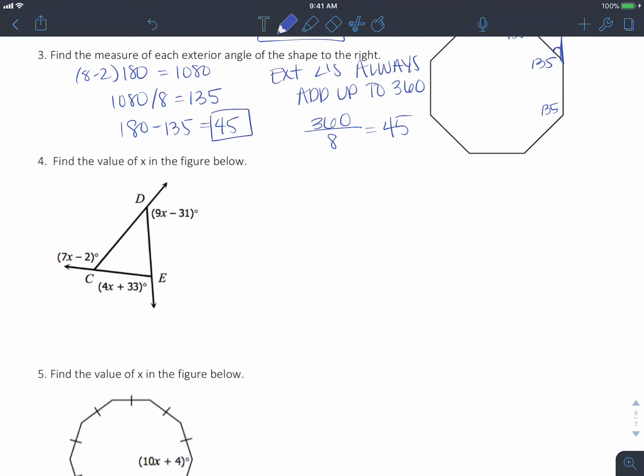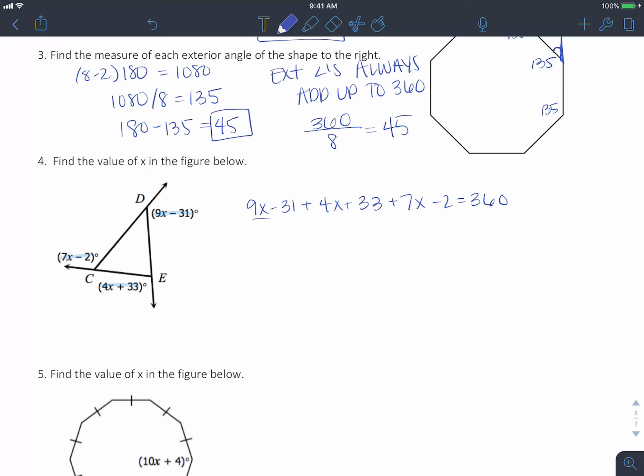All right, number 4. So like we just said, all the exterior angles always add up to 360. So we're going to take this, this, and sum it up to 360. So 9x minus 31 plus 4x plus 33 plus 7x minus 2 equals 360.